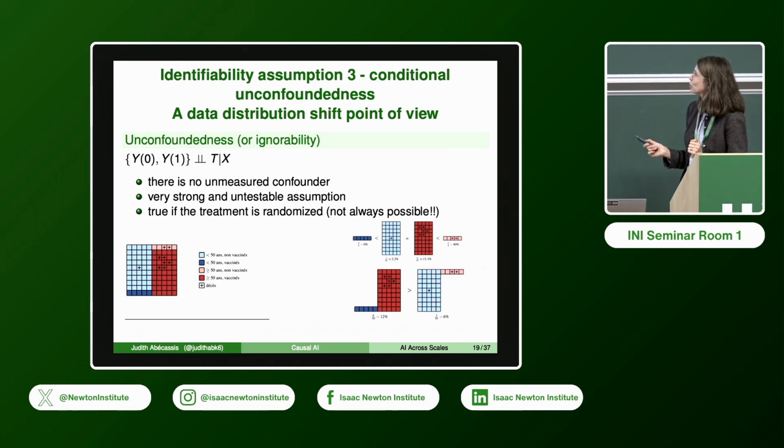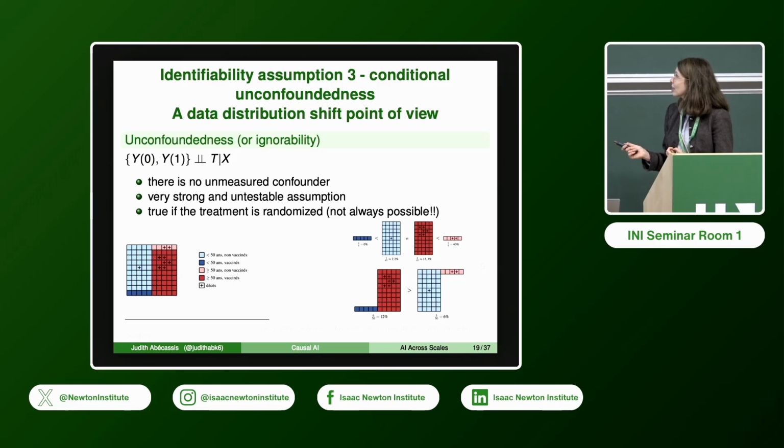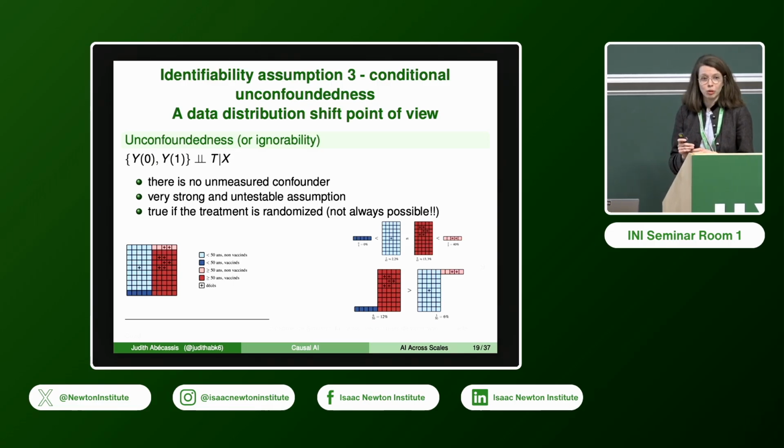Here there are not so many people, but 40% of deaths against 13% in the vaccinated group, and the same for younger groups. So actually, we observed a higher death rate in the vaccinated group because, in proportion, it's mostly composed of older people.